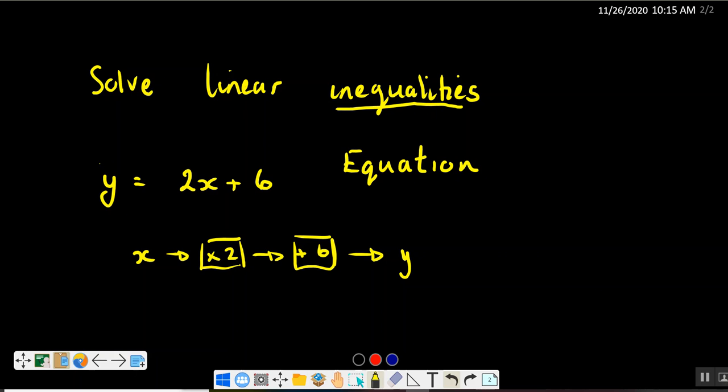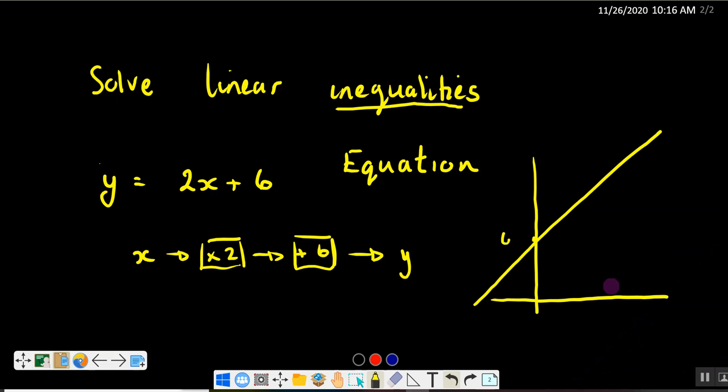Is inequalities also with greater than or less than? Yeah. So with this one, how many values can I choose for x where I will then get a value that will equal the y? Infinite.